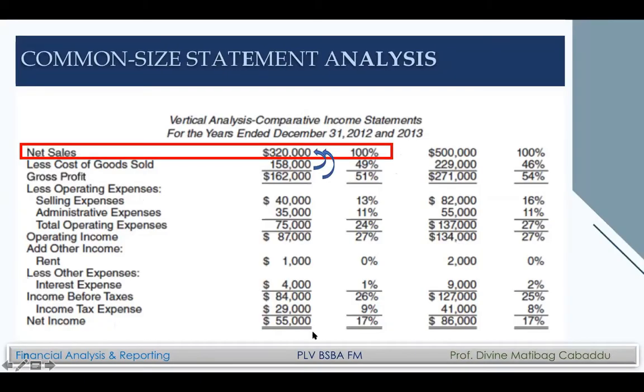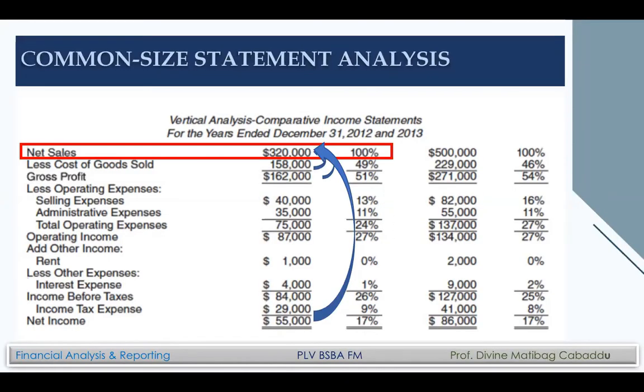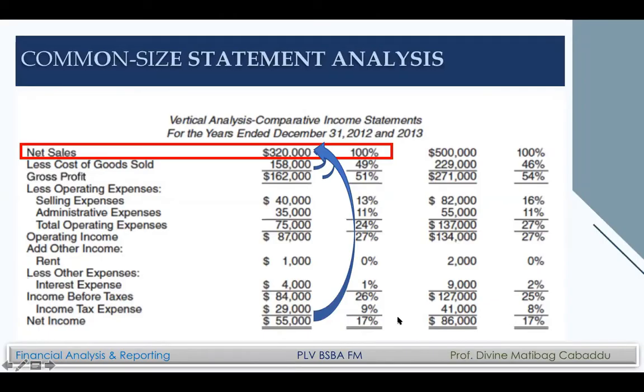So the net income, ayan, if you look at the net income, 55,000 divided by 320,000, what is its percentage? Pumapatak, 17%. Alright? So it's basically saying na kung nakabenta ka ng 100 pesos, at may puhunan kang 49 pesos, may gross profit kang 51 pesos, pero kung i-deduct mo lahat na ng mga ginastos mo, including OPEX, including income taxes and interest expenses, merong matitira sa yung 17 pesos.